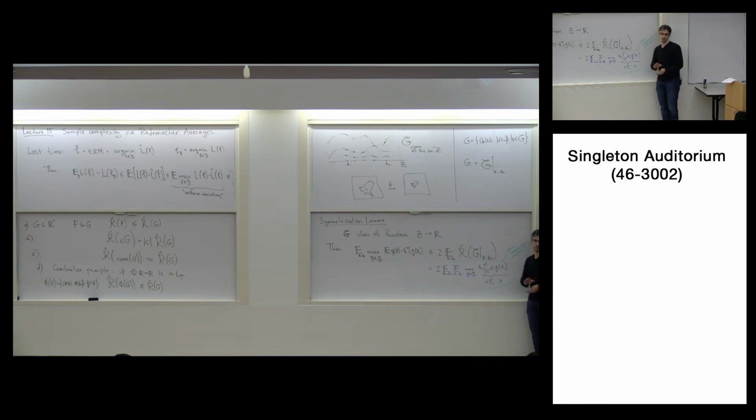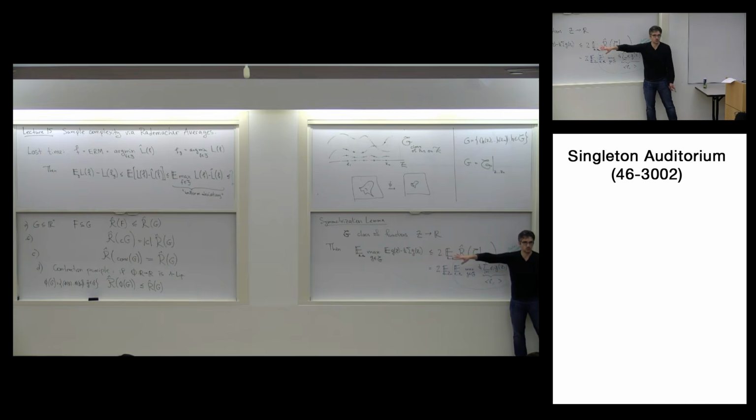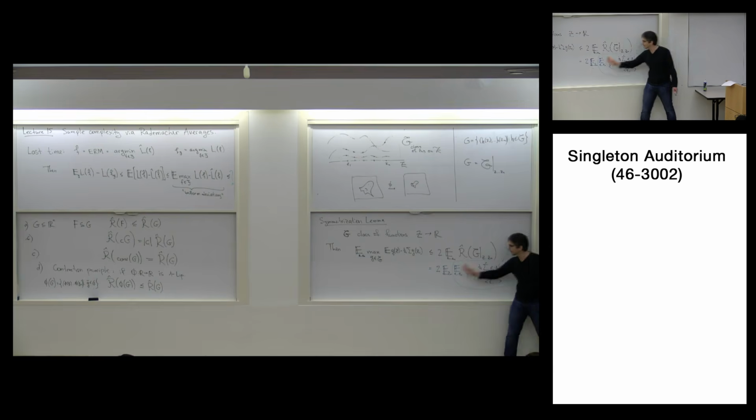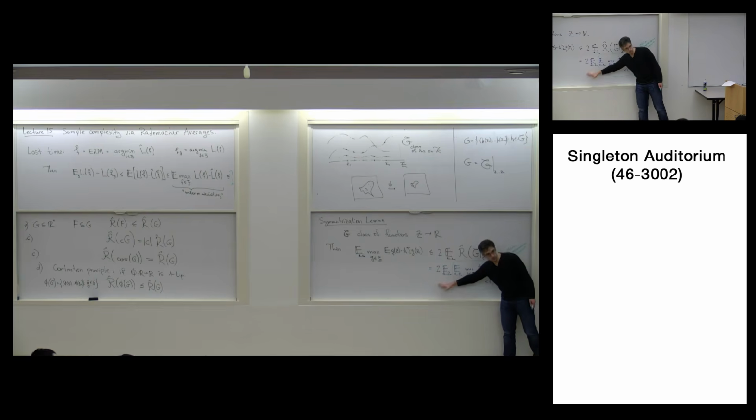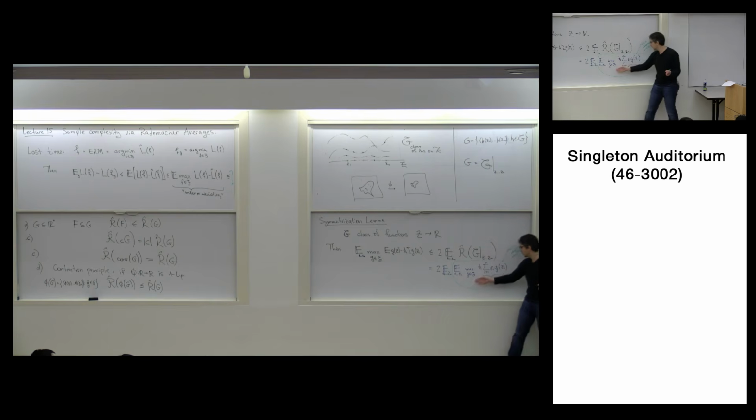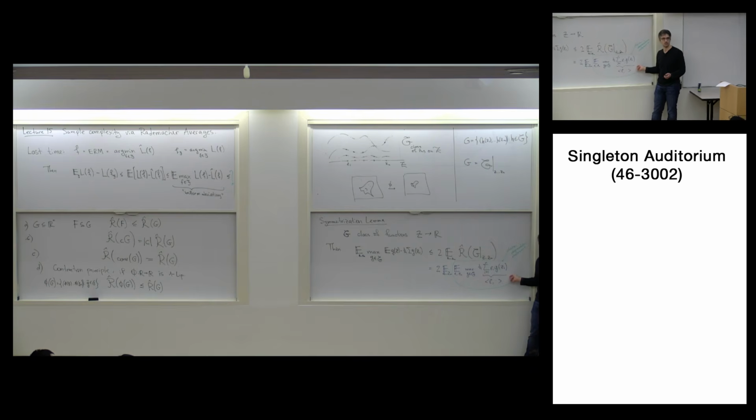And now the game is the following: use some of those tools to simplify this object conditionally on the data. You fix the data, and now see how complex this can get.